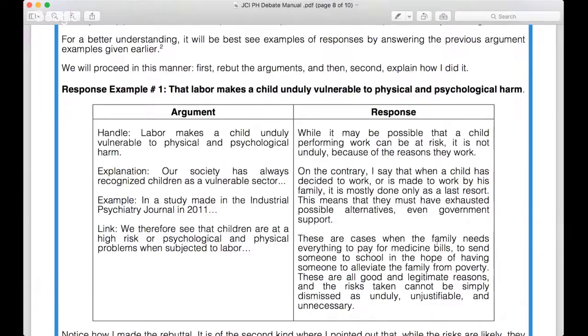For the even-if response, you can say that even if it was really unnecessary, the benefits actually outweigh the harms, because primarily, it's still additional income for the family, and that's more important than the psychological or physical problems the child will go through, because these are things that can be preempted or addressed anyway, or you can prove that there really isn't any psychological or physical harm that the child gets.